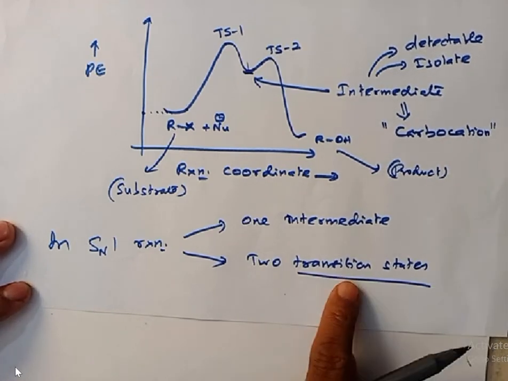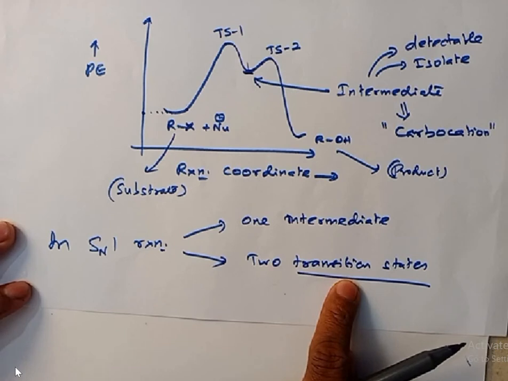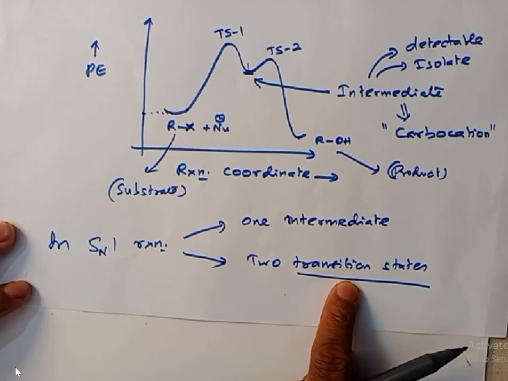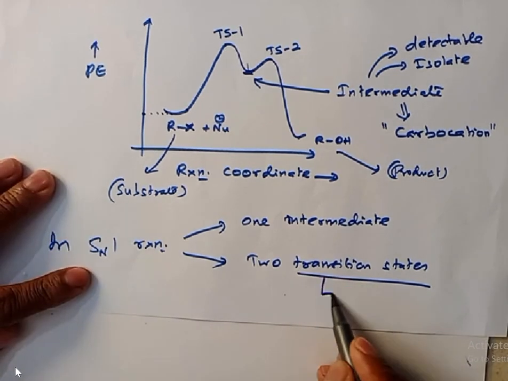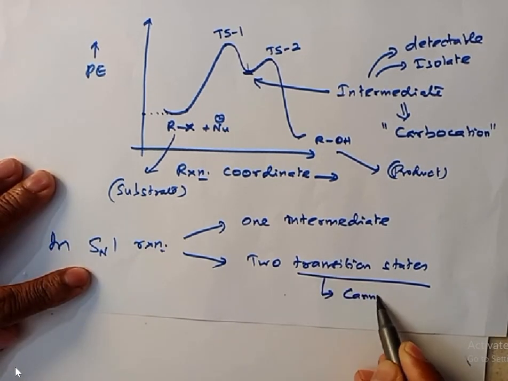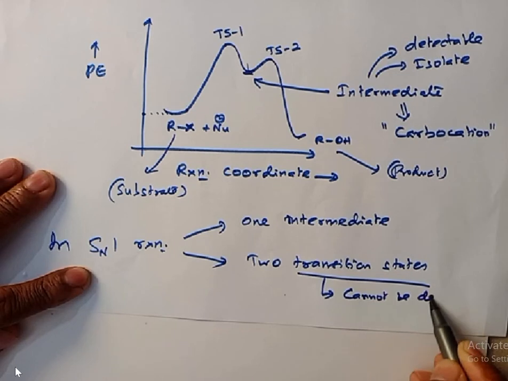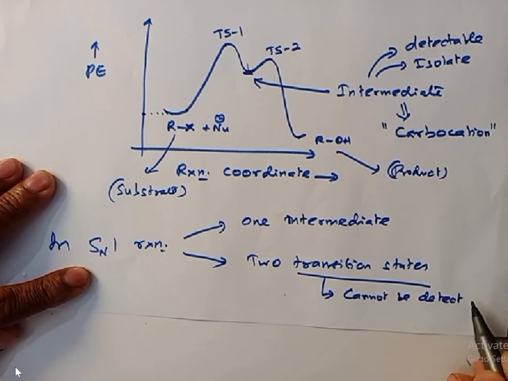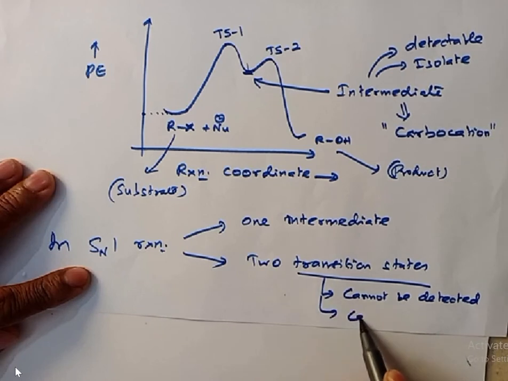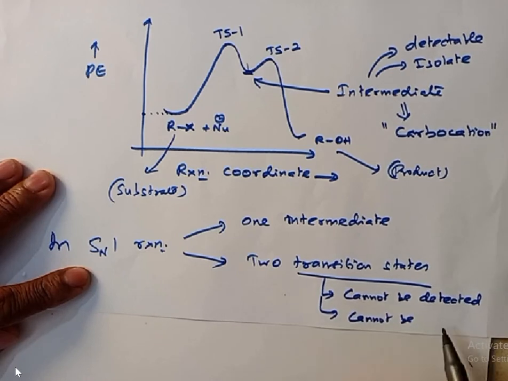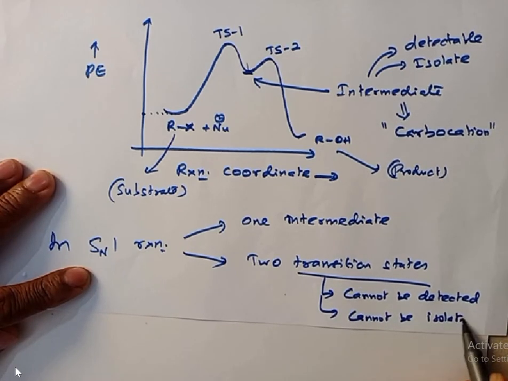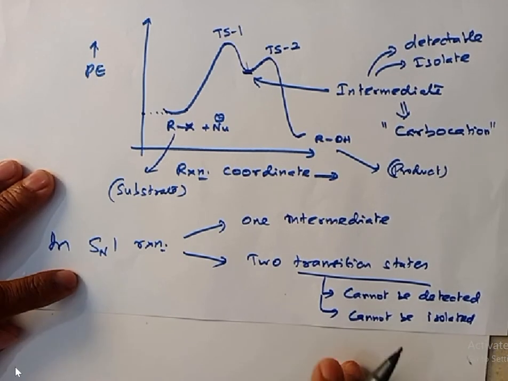What is meant by transition state? A transition state is hypothetical. You cannot detect it, and you cannot isolate it.